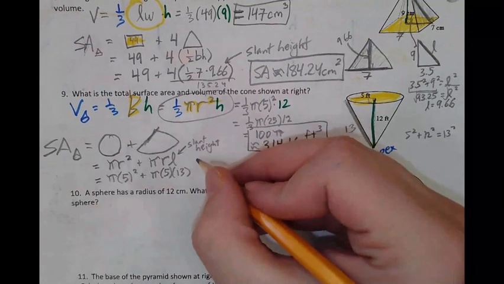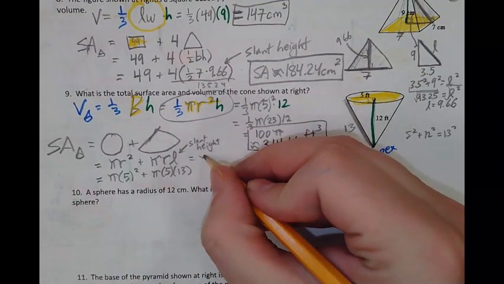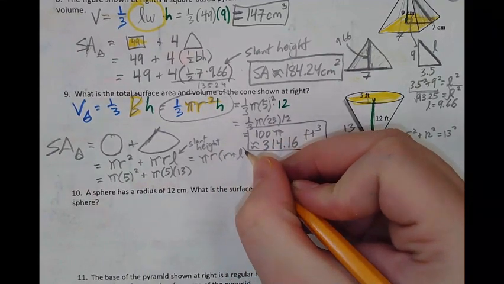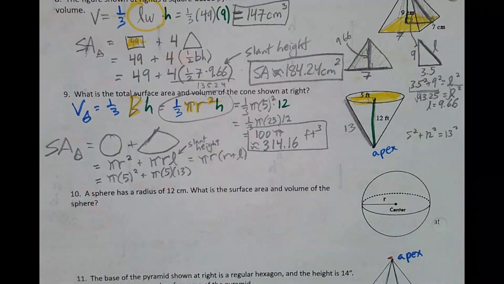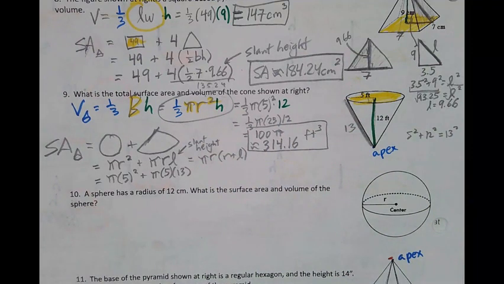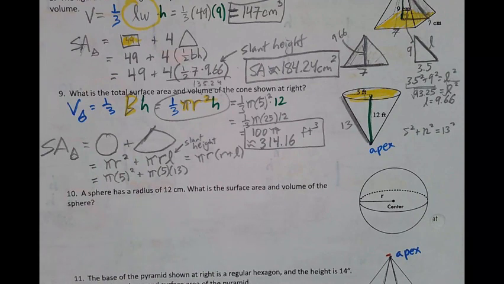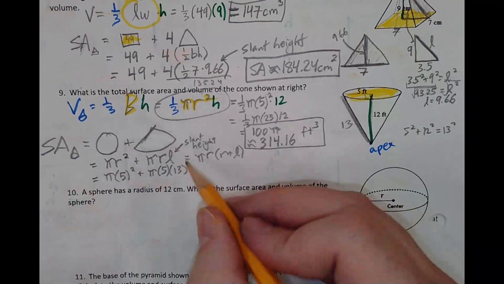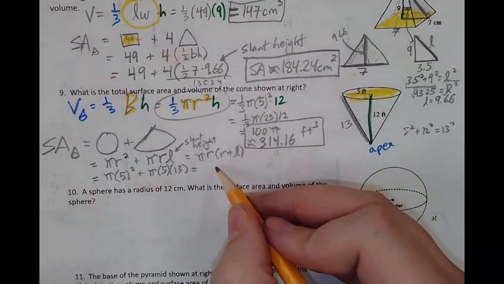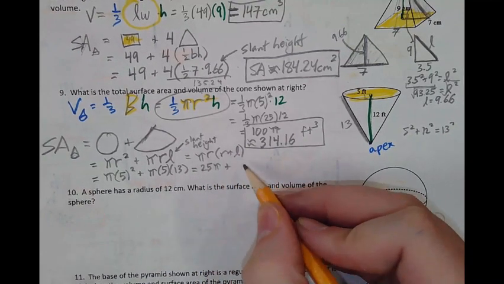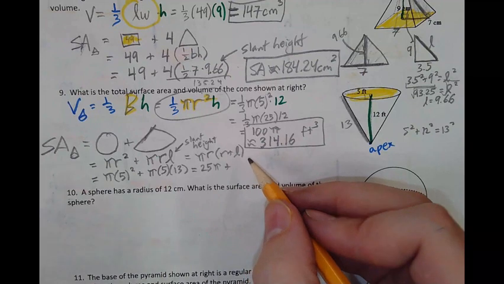Now keep in mind you could use a different formula. There is another formula, pi times r plus L. If you wanted to use it that way, there's another way to do it as well. We're going to go ahead and use this formula right here, which is on the posters, hopefully in your classroom. So the answer will be 25 pi plus 13 times 5.